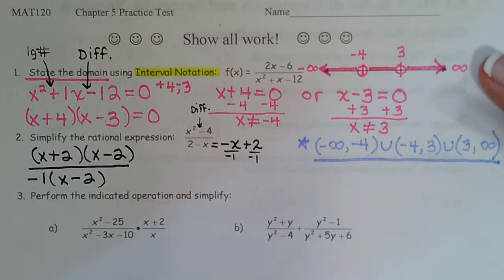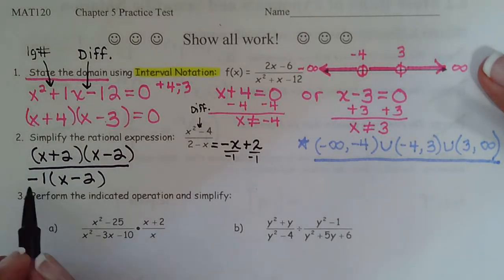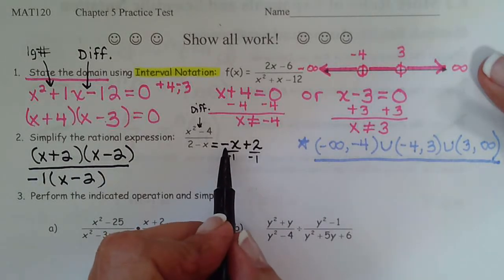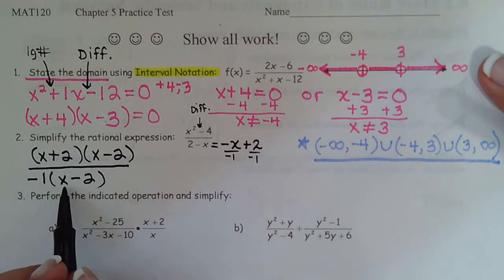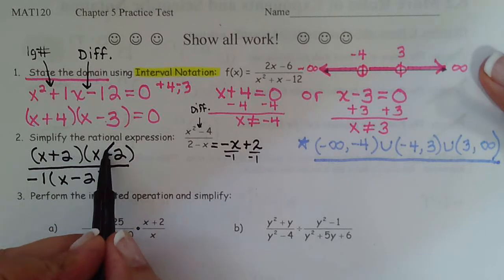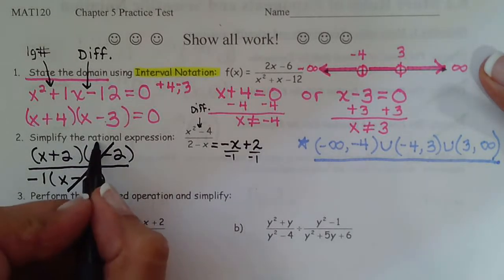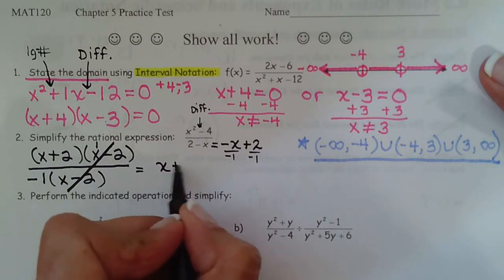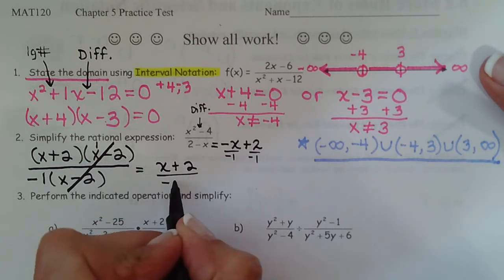And remember what I said, do not lose that negative. It's part of the answer. It's my GCF. It has to stay with the problem. So we took it out because my leading coefficient was negative. Now notice it's a positive, and I go ding, ding, ding. There's 1. So what's my answer? X plus 2 over negative 1.